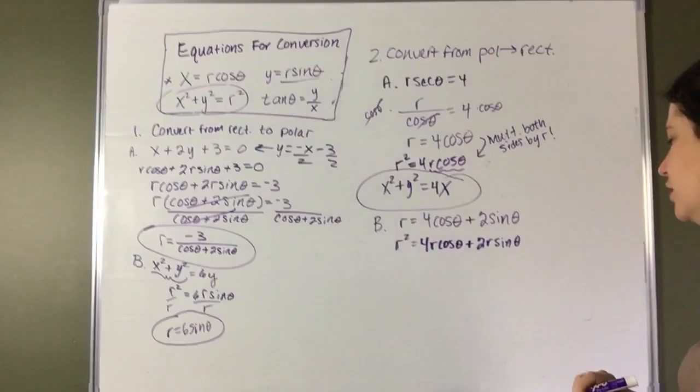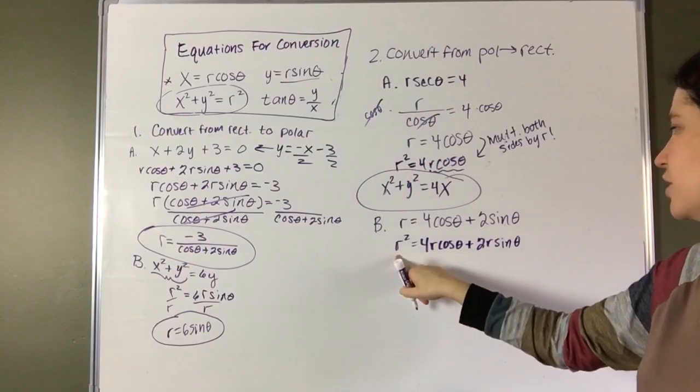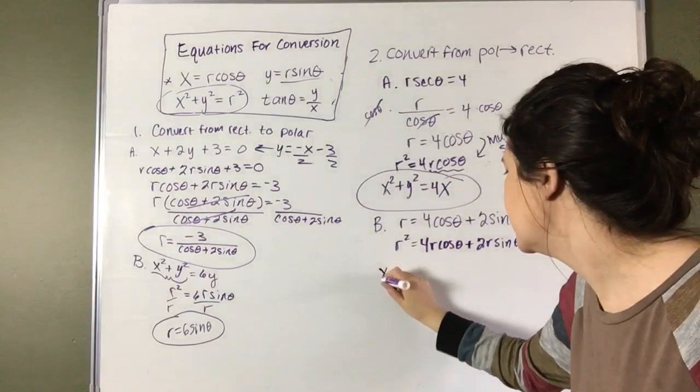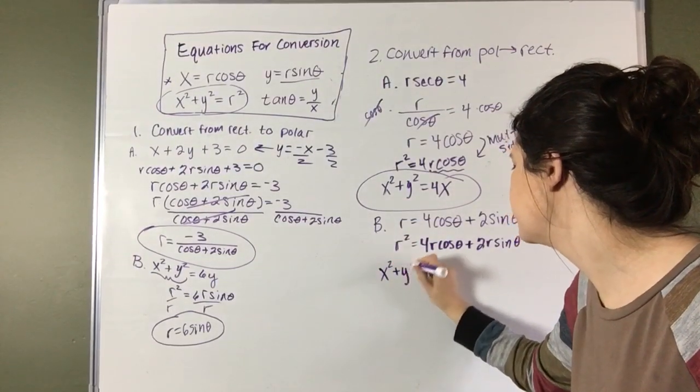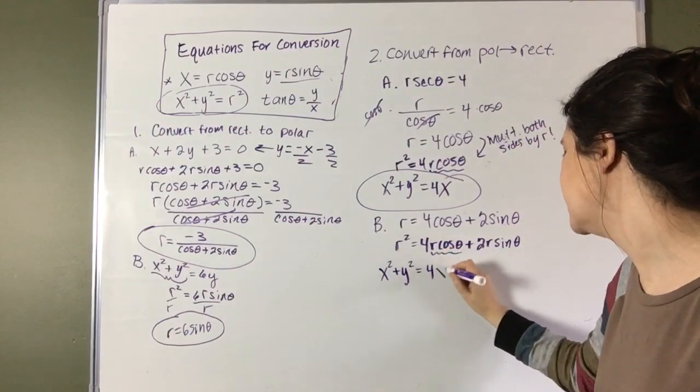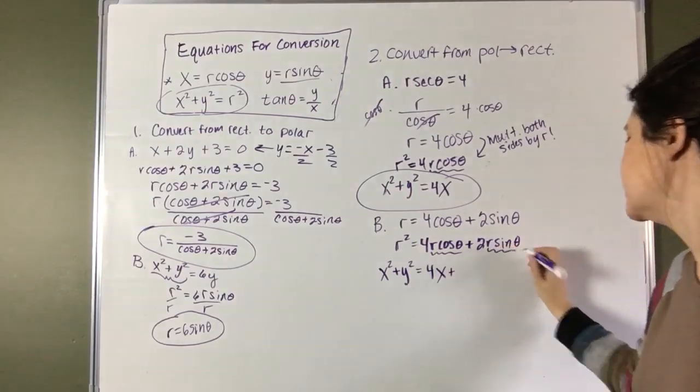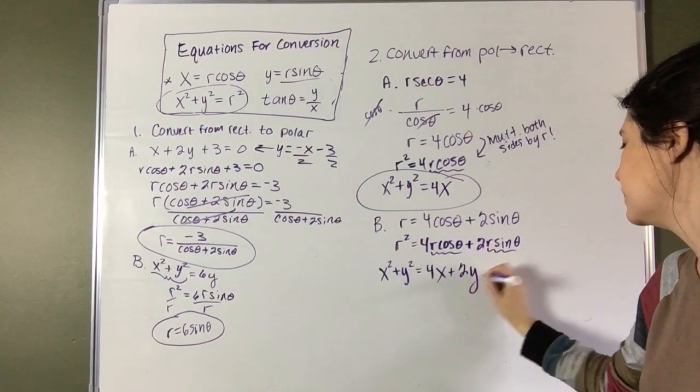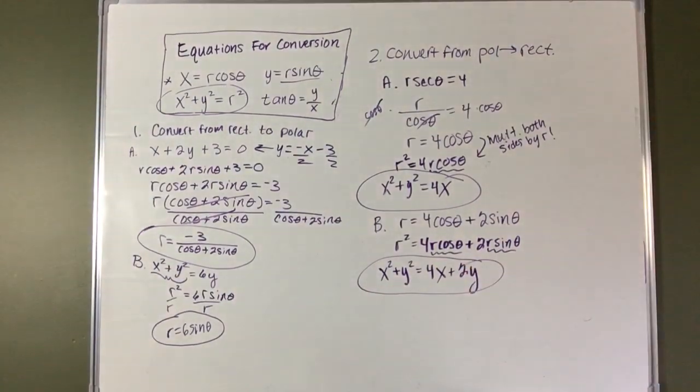And then we make our substitution. So r squared becomes x squared plus y squared. r cos theta becomes x, and r sine theta becomes y. So there's our equation there.